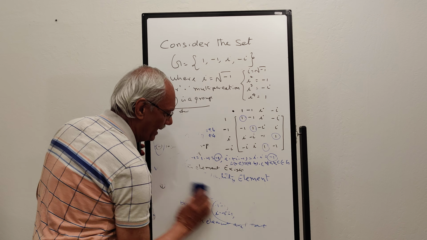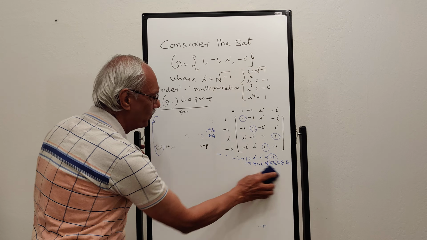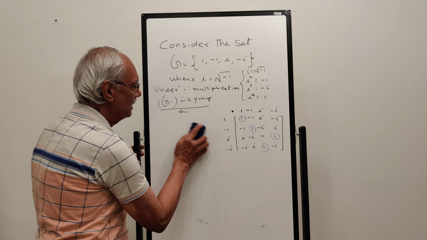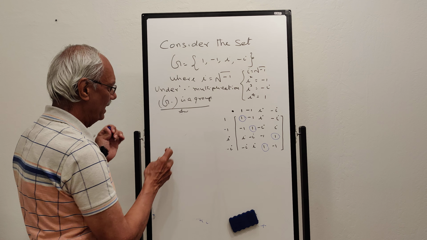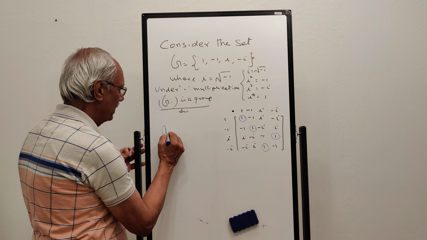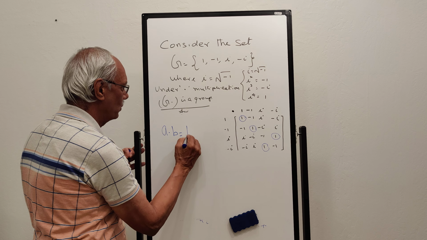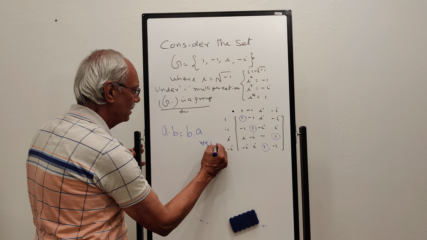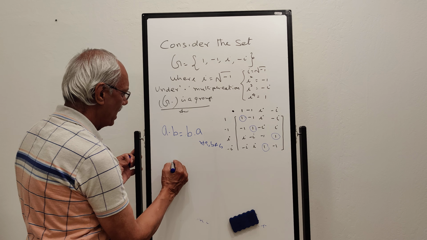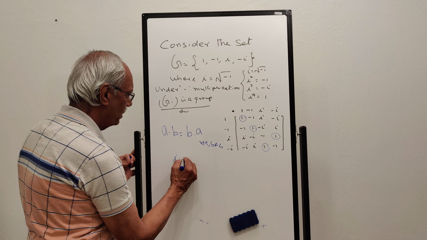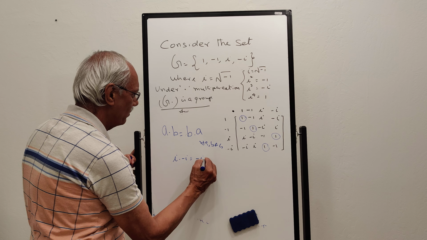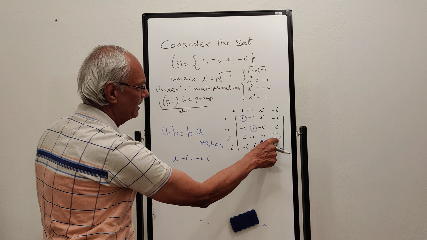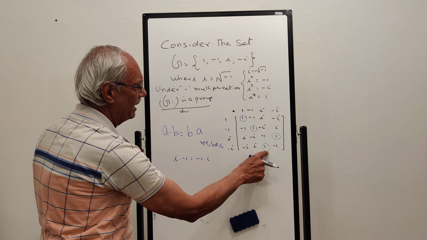Moreover, you will find one more property. Namely, you can just check this. A dot B is equal to B dot A for all A, B belonging to G. See, this is very clear. I dot minus I is equal to minus I dot I. I dot minus I is 1, minus I dot I is 1.